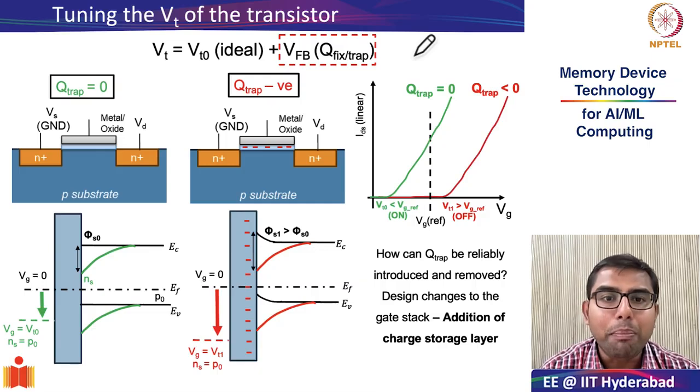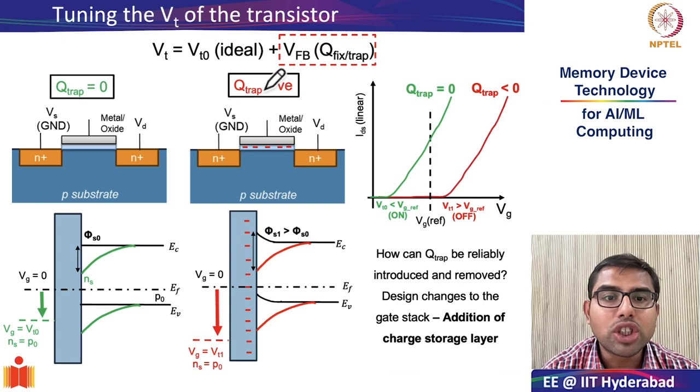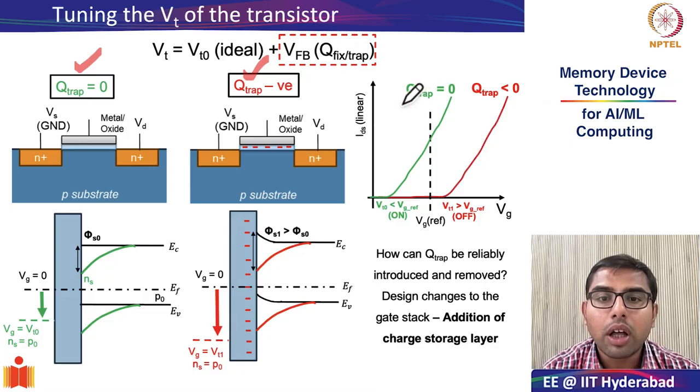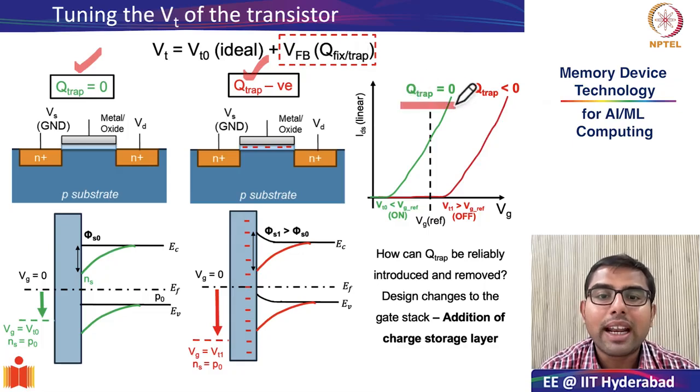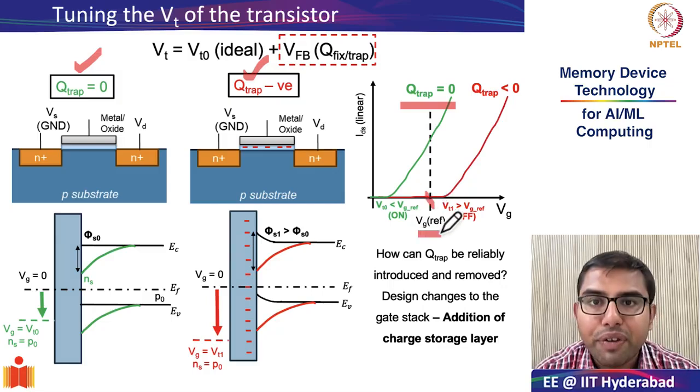And we saw as an example that the best way to dynamically play with the threshold voltage of the transistor is to introduce trap charges into the oxide of the transistor. Like we saw last time, if the trap charge is zero, or in an ideal case, the threshold voltage of the transistor is much lower than the decided reference voltage.